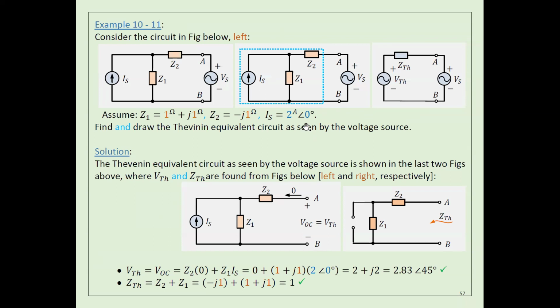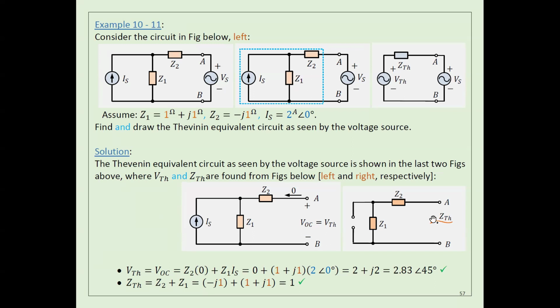Anyway, similar to what we did before, we want to calculate Z7. To calculate Z7 for this part, as you know, any current source I have to make open circuit, as you see here. And then I need to see what resistance I see from here.